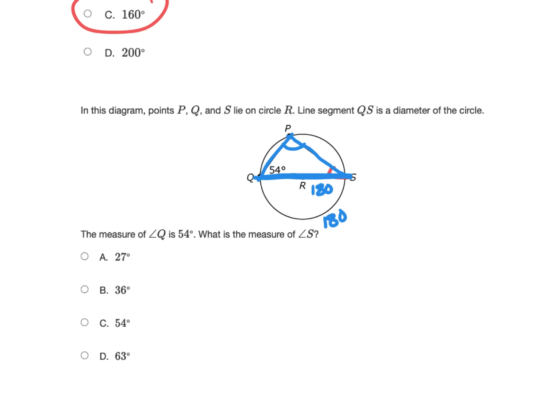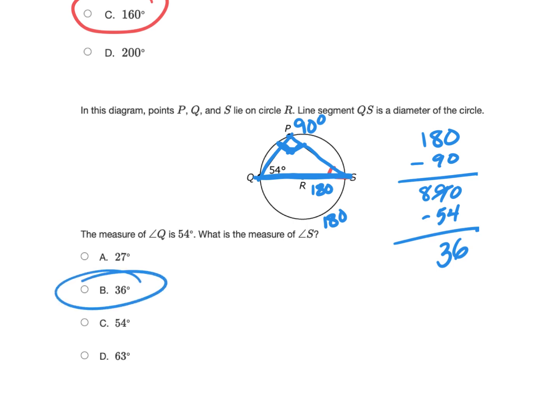So angle P is half of 180, which is 90 degrees. Because we have a triangle, and triangles only have 180 degrees, subtract 90, which is 90, and then subtract 54, and I get angle S, which is 36 degrees.